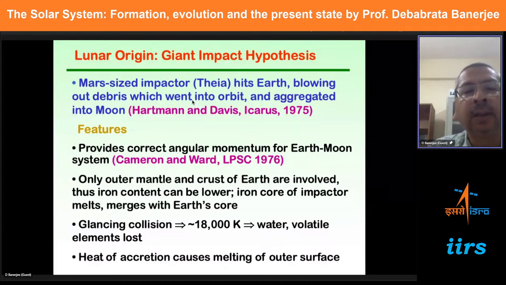So that told us that Earth and Moon are connected. Among the other observational features explained, only the outer mantle and crust of Earth are involved, so the iron content can be lower.